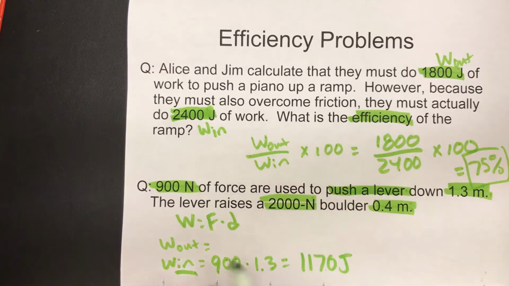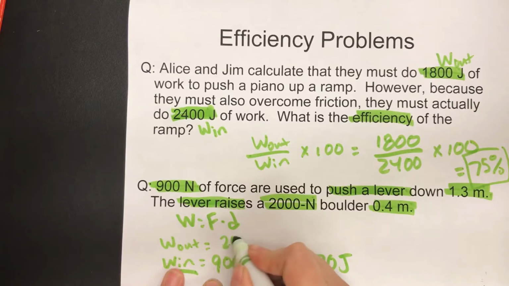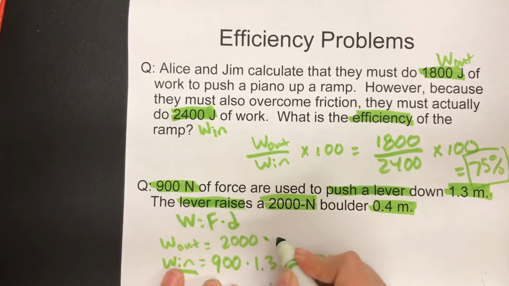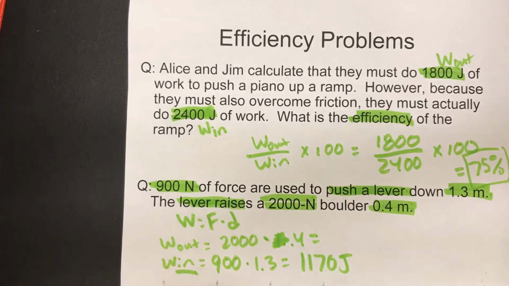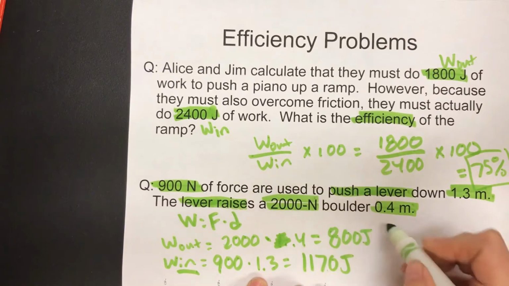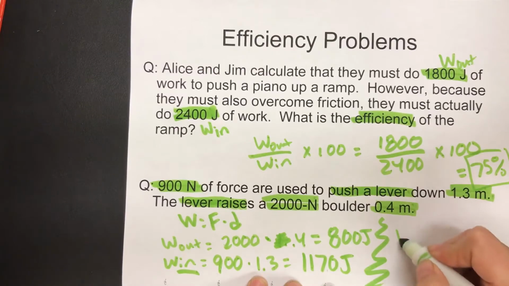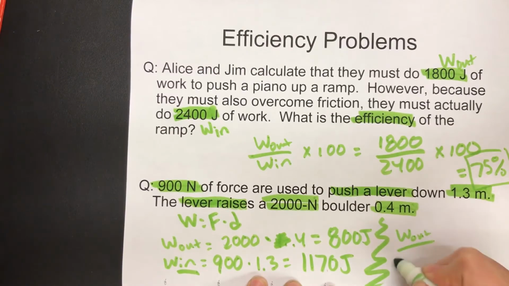Then the lever raises, and this is what the machine is doing. So you're now going to take these numbers and find the work out. So 2000 times 0.4, which gives you 800. The next step is to plug it into this equation: the work out over work in times 100.